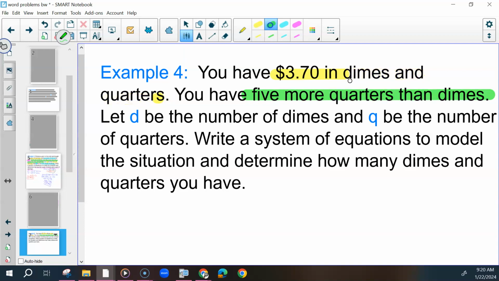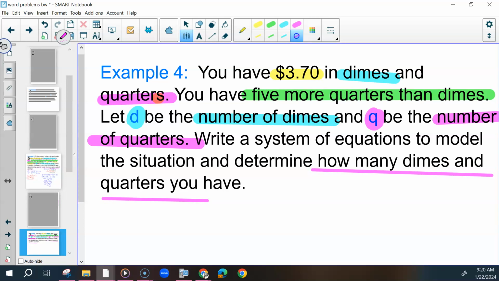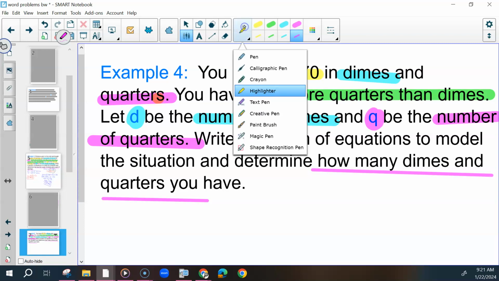What else? The number of dimes and the number of quarters. And what are we looking for? Alright, so even though they don't give you many numbers here, some of the numbers are assumed. Explain what that means in a second.